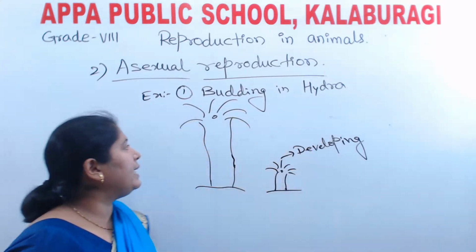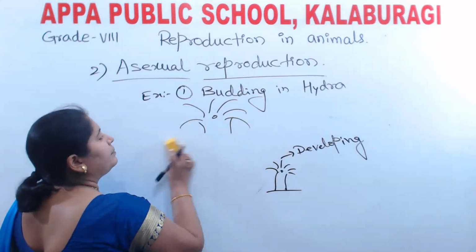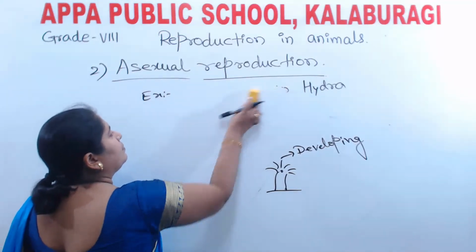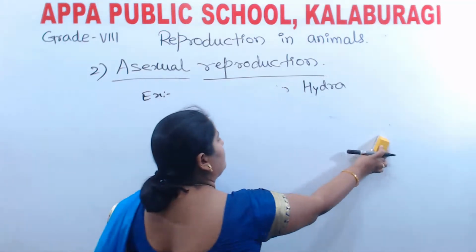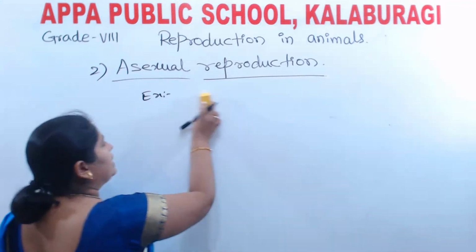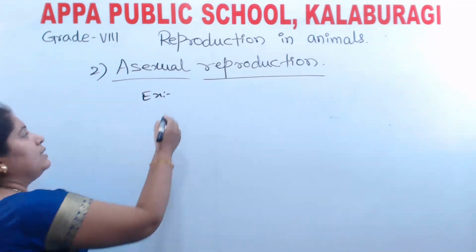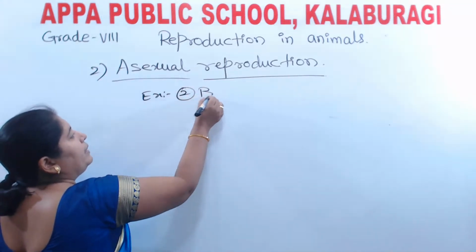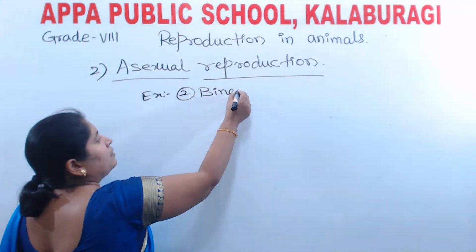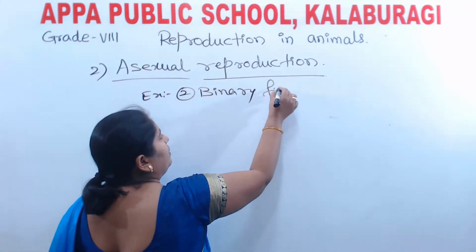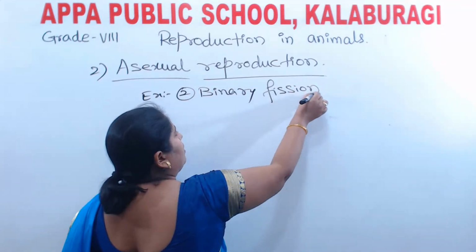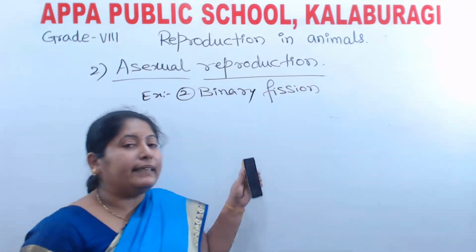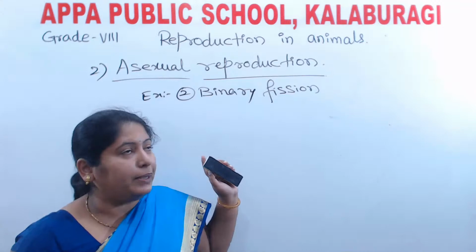Right. So now the second example. The second example of asexual reproduction is binary fission. Binary fission. I think you remember your 7th standard biology, students.